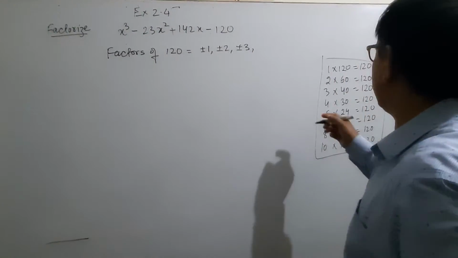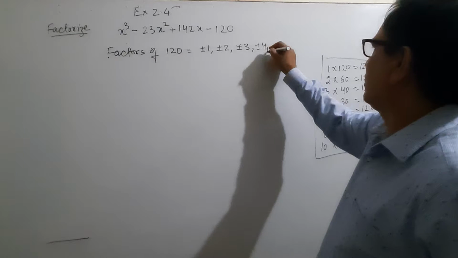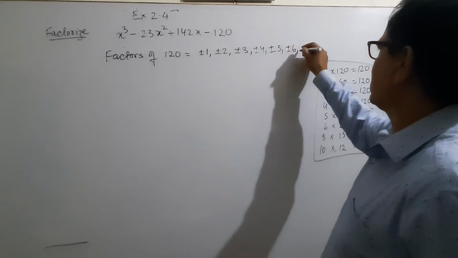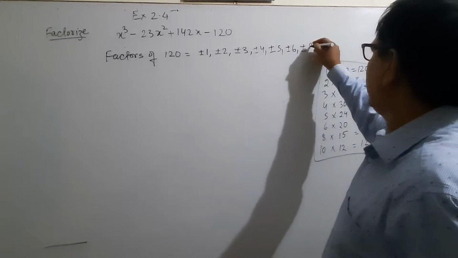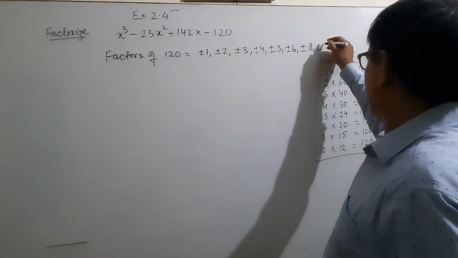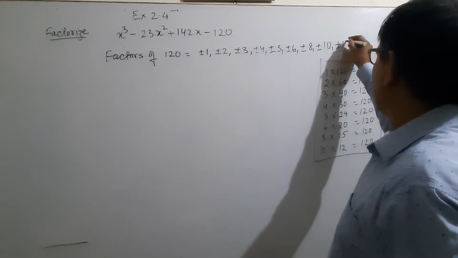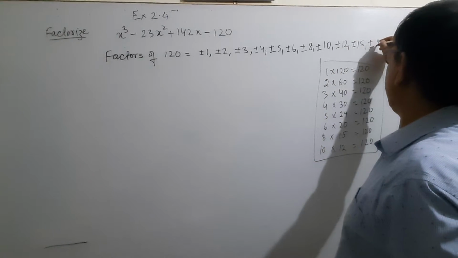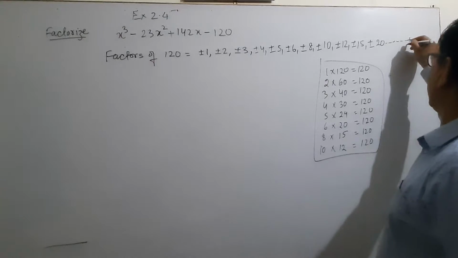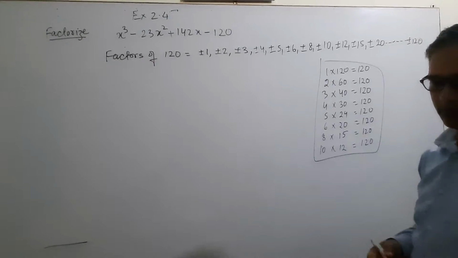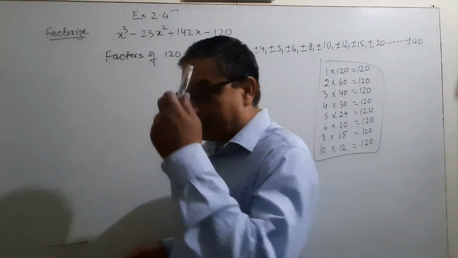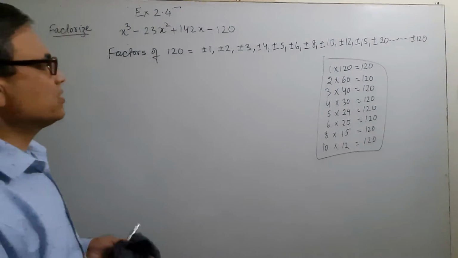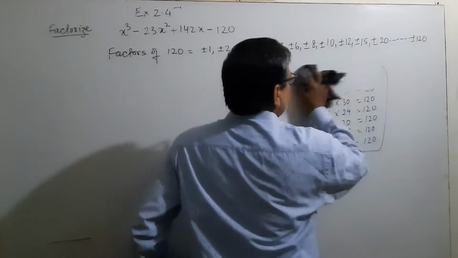Write all factors: plus minus 3, plus minus 4, plus minus 5, plus minus 6, plus minus 8, plus minus 10, plus minus 12, plus minus 15, plus minus 20, and so on, plus minus 120. But we need not write them all, we have to know the factors of 120. We have to take positive and negative.